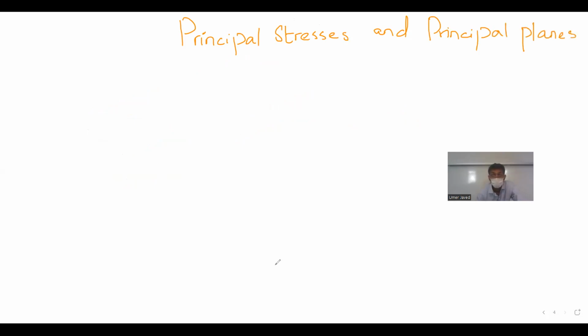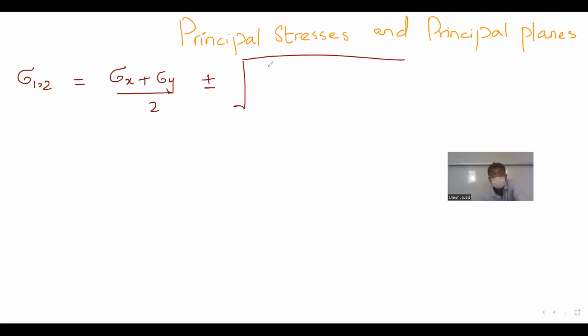Before I go over that advanced stuff, let's talk about something simple. We will not get into derivation, but I will go over a couple of formulas and try to explain what they mean. Stress principal is equal to stress X plus stress Y over 2, plus or minus the square root of (stress X minus stress Y over 2) square plus tau XY square.